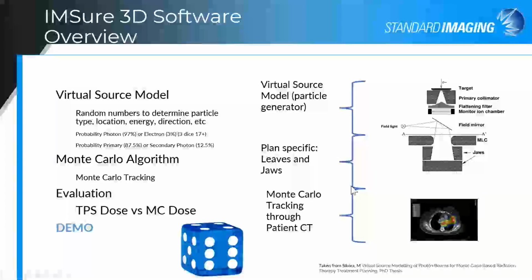The next component is the plan-specific leaf and jaw positions, and those determine the transmission of these particles that are generated, and which actually make it down to the patient anatomy in the form of the CT to go through the real Monte Carlo tracking.